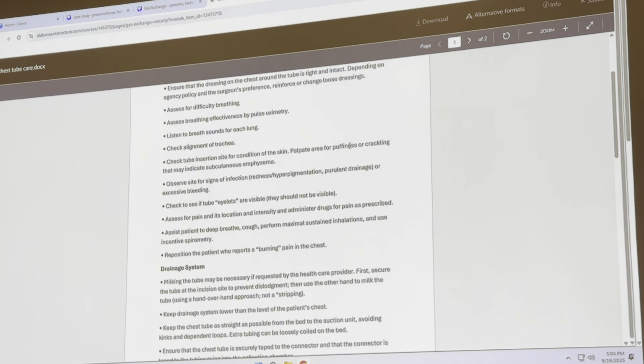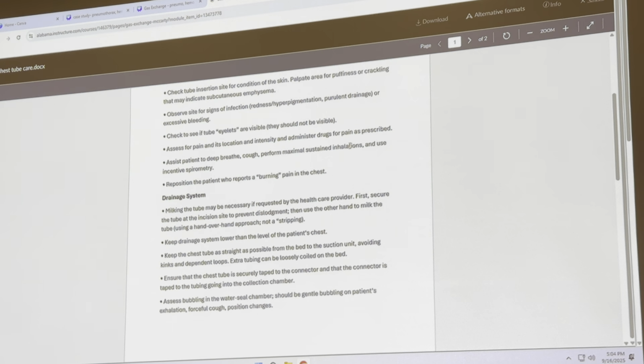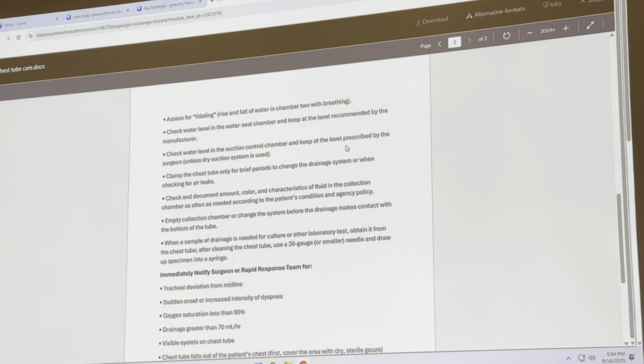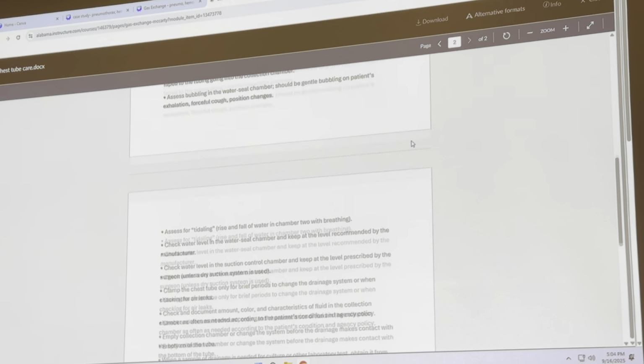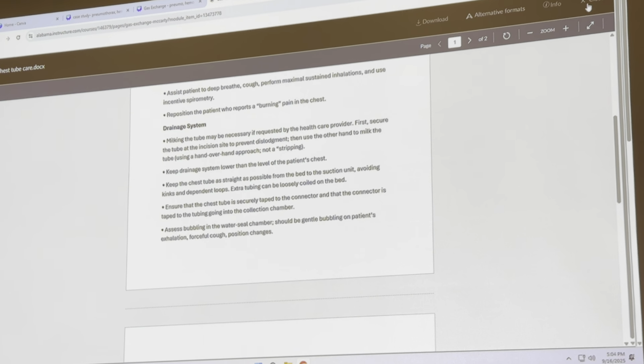This is going to be everything you need to assess, the things you need to do as a nurse to take care of your chest tube. It also gives you some emergency actions right here at the bottom, when to notify a doctor, that kind of stuff. Okay.